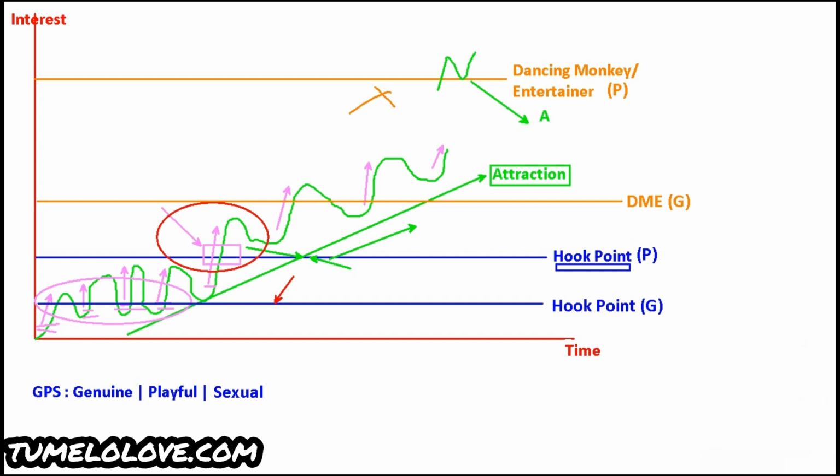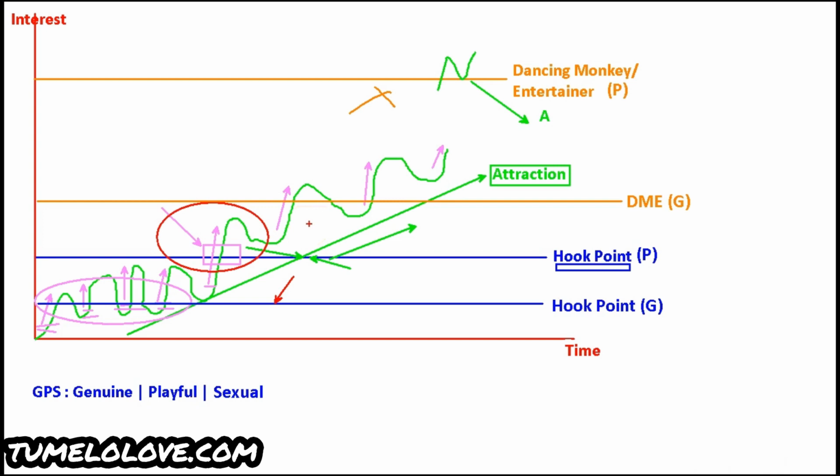You'll see that in a genuine vibe, maybe you need only 1 or 2 spikes to get past the hooking point, whereas in a playful vibe, you need maybe 4 or 5 spikes in the emotion to get past the hooking point. And those same 4 or 5 spikes actually blow you out when the girl is in a genuine vibe.